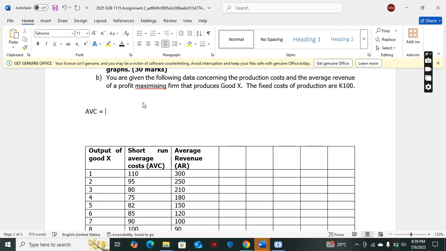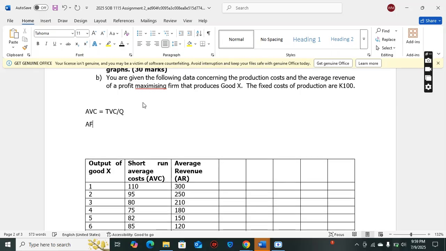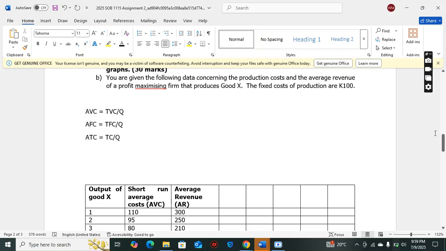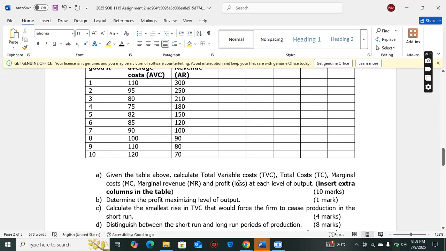Average variable cost equals total variable cost divided by Q. Average fixed cost equals total fixed cost divided by Q. Average total cost is the total cost divided by Q. Just remember, whenever there's the word average, your denominator is Q. Then, because I believe here they wanted you to find marginal revenue, total variable cost, total cost, marginal cost.